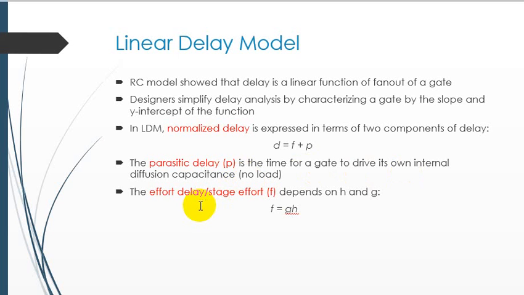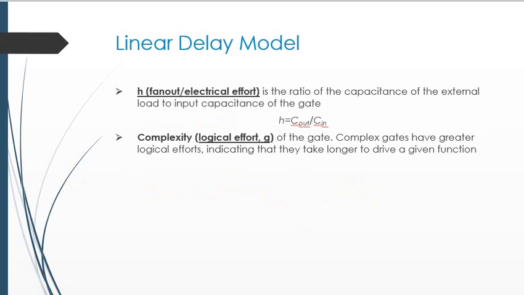And f is basically the effort delay, or stage effort, and it all depends on h and g. So f is basically g multiplied by h.